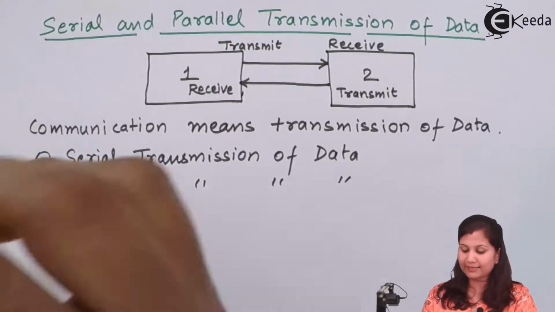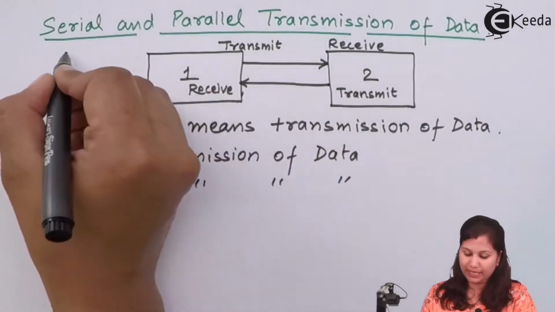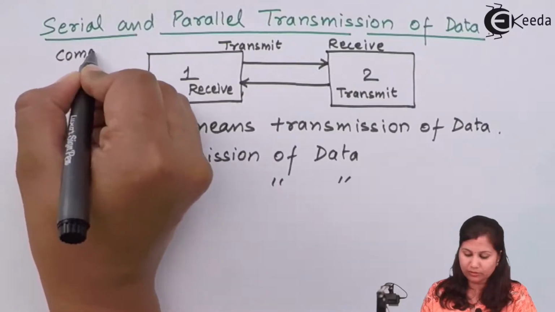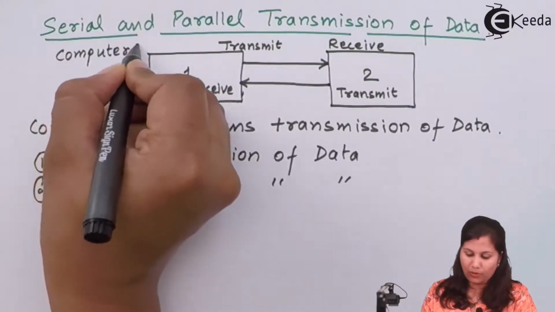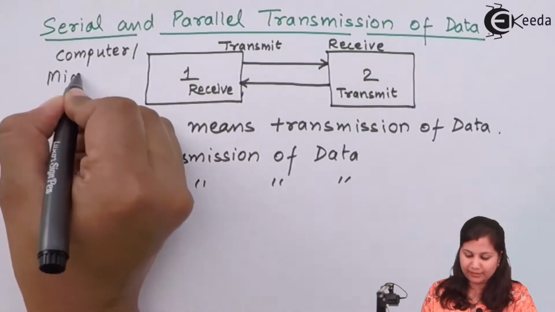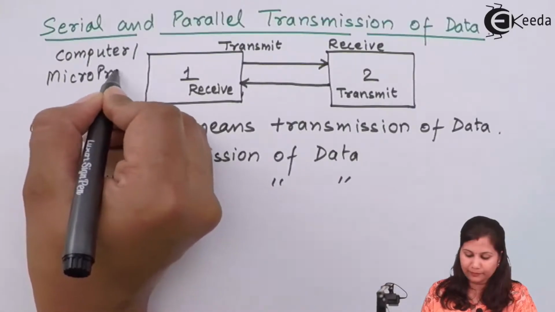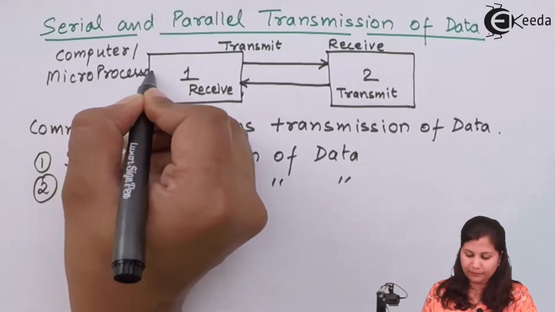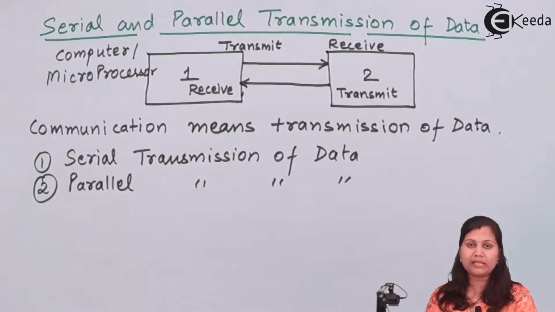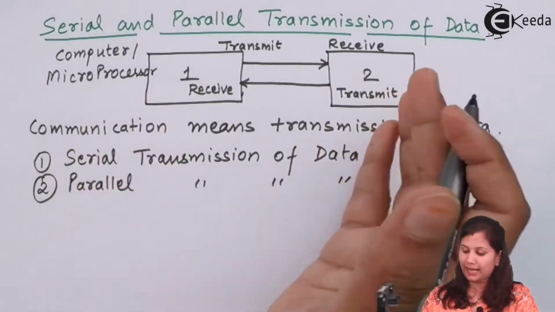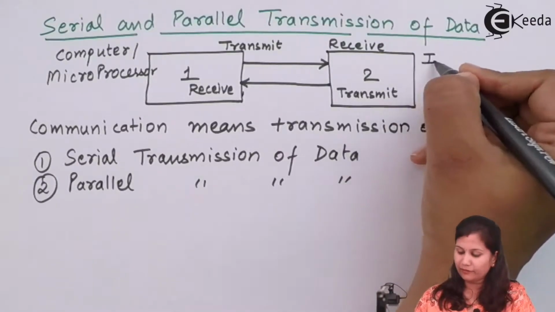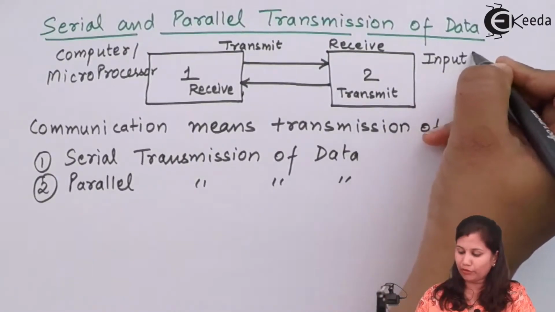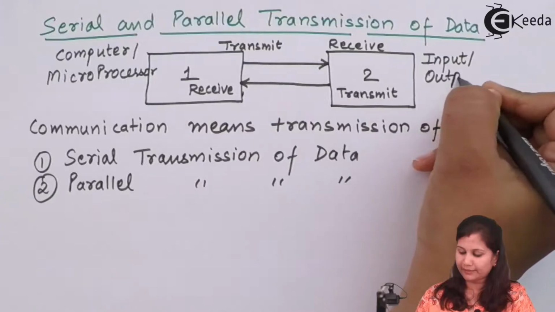So in that case component 1 becomes either a computer or a microprocessor. Okay, it means any kind of programmable component can be there, and at the end we can have any input or output device.